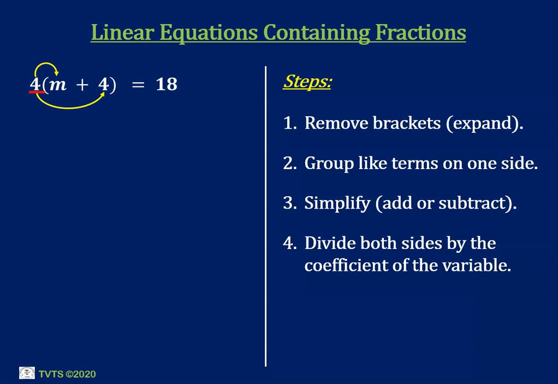This means that the factor 4 is multiplied by each of the terms in the bracket, that is m and 4. So 4 times m is 4m, and 4 times 4 is 16, is equal to 18.